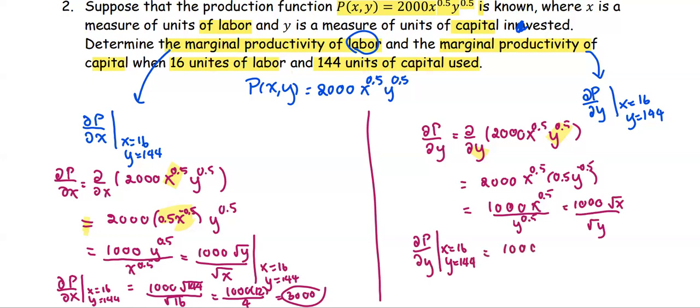It becomes 1000 times square root of 16 divided by square root of 144. We have 1000 multiplied by 4 on the top divided by 12 on the bottom. And then simplify to be 1000 divided by 3, or 333.33 repeating.